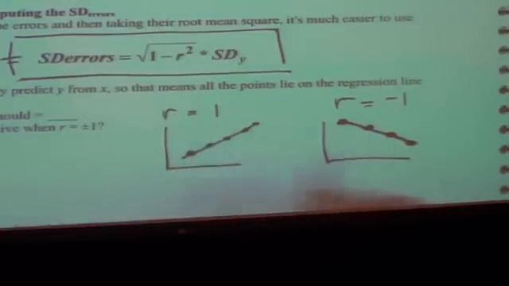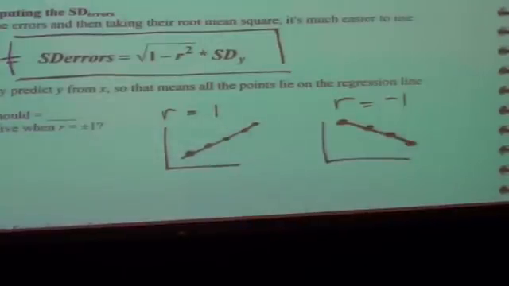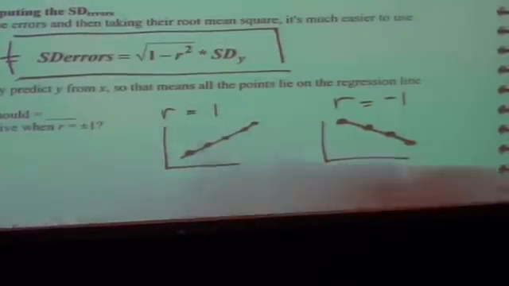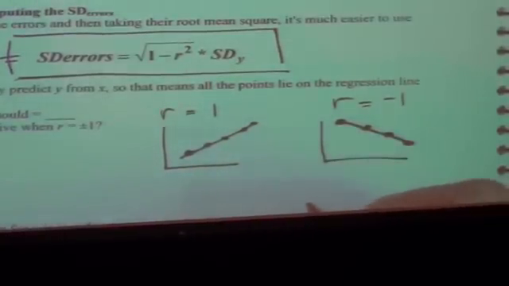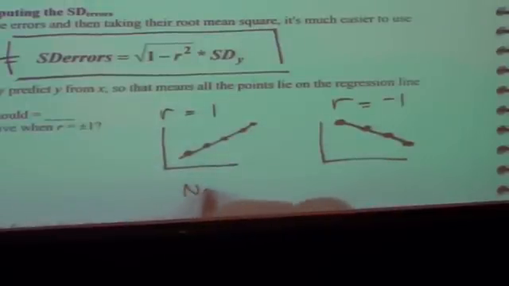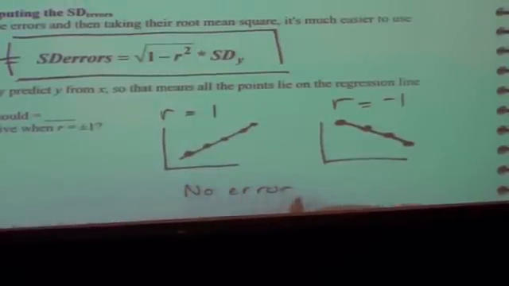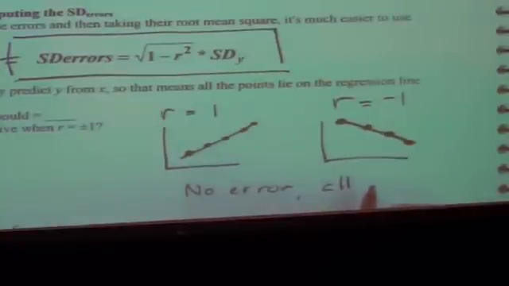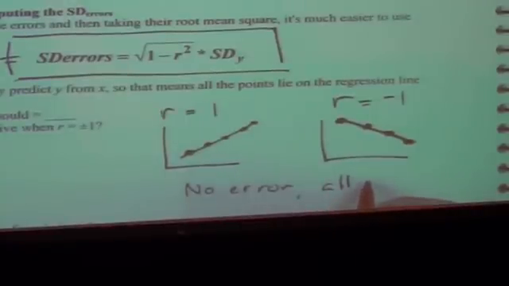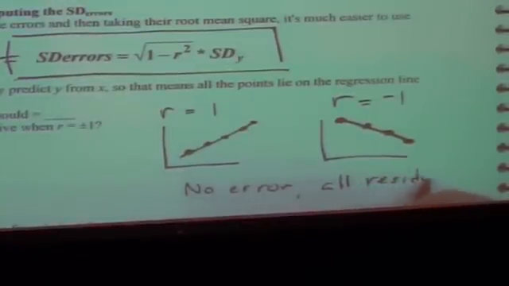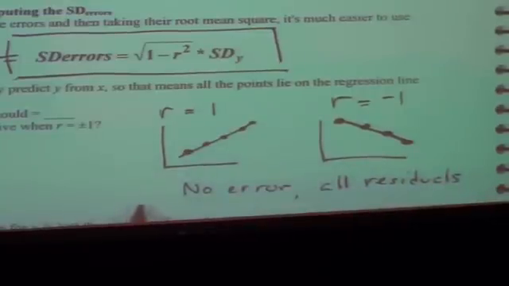So there's no error. There's no residuals, no error. All the errors are just zeros. So you have no error. I'm just using the language so you know it. All the prediction errors or all the residuals are what? Equal to 0.